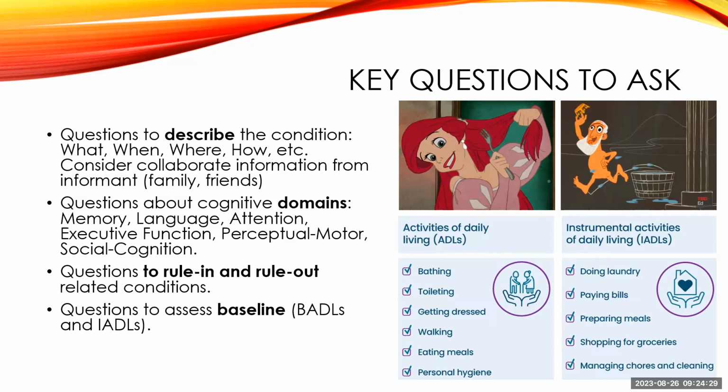Executive functions: how to plan things, how to organize, how to follow instructions. Perceptual motor: I put the pictures of Aria over here using the fork to comb her hair, to help you remember this. People may forget what to do with what.